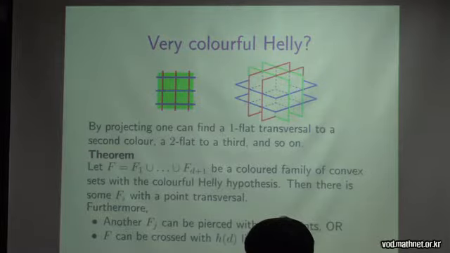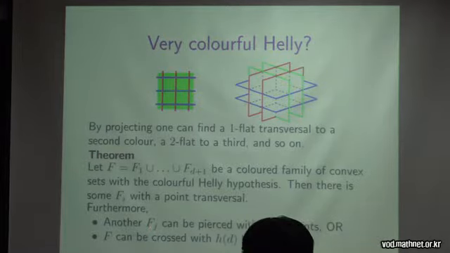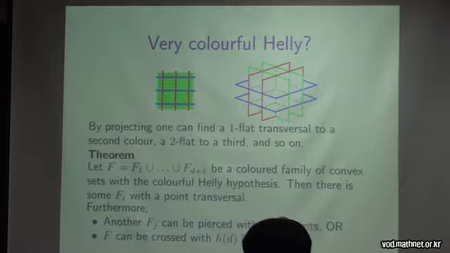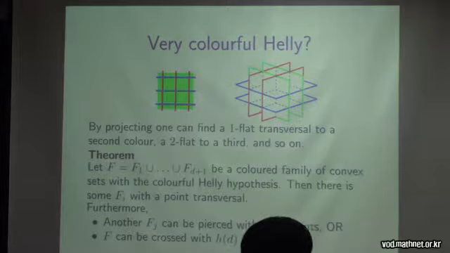We can find another family, which is not the same one as this one, that can be pierced with few points, or if this is not the case, then the whole family can be crossed with few lines, which doesn't follow from this fact.